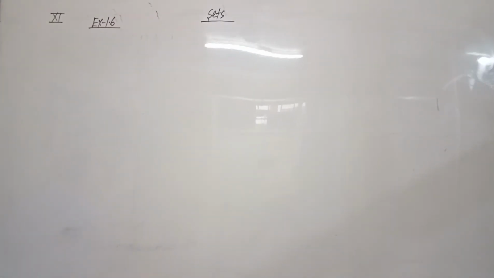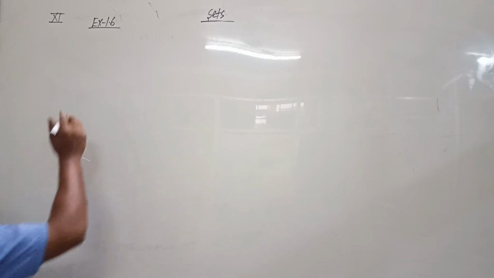Now the third question. In a group of 400 people, 250 can speak Hindi and 200 can speak English. The total number of people is 400.